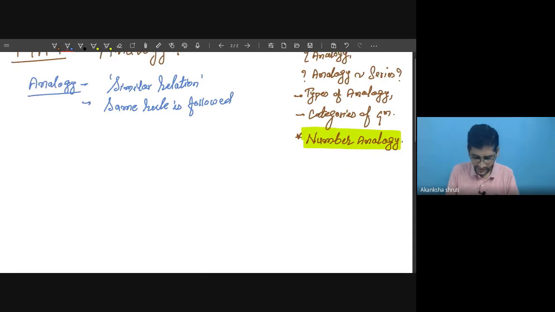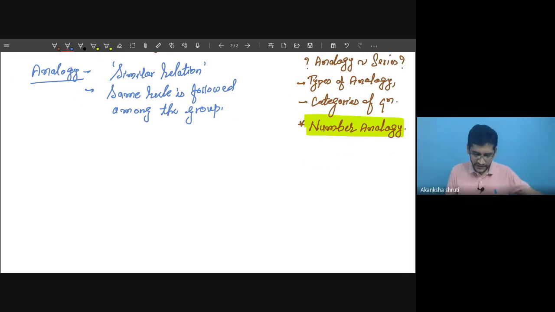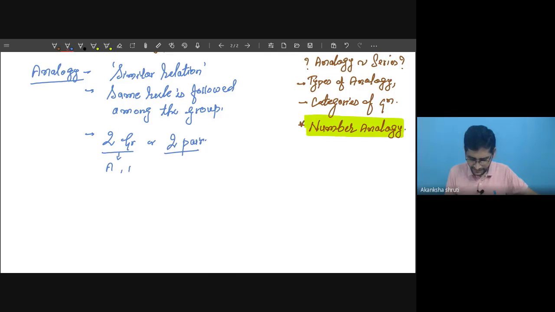among the group. So in this case, we have to understand that at least two groups or two pairs will be given. Let these two groups be, the very first A and B. This is the first group.